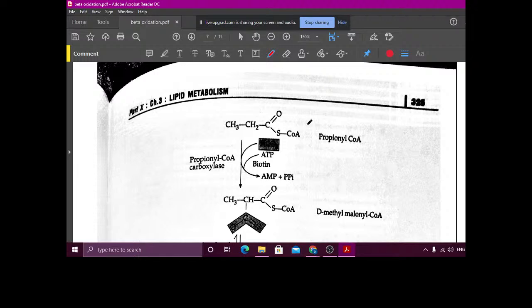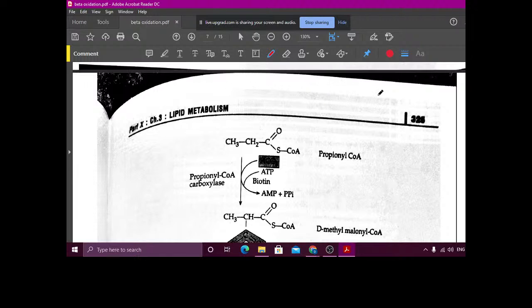Similarly, in the end, what happens? Say you have 20 carbons: 1, 2, 3, 4, 5, 6, 7, 8, 9, 10, 11, 12, 13, 14, 15, 16, 17, 18, 19, 20.